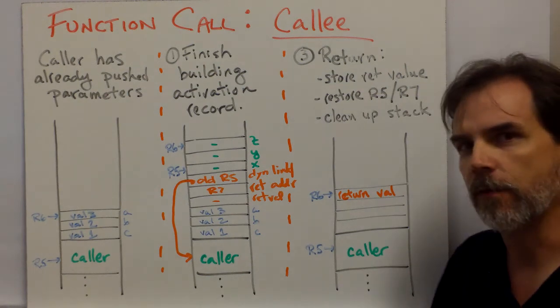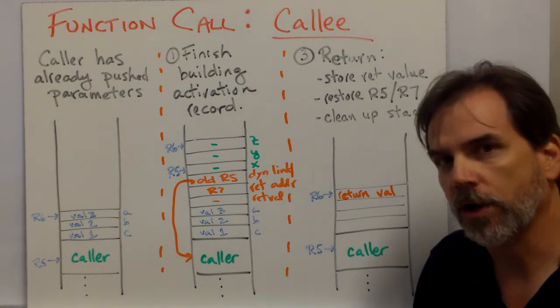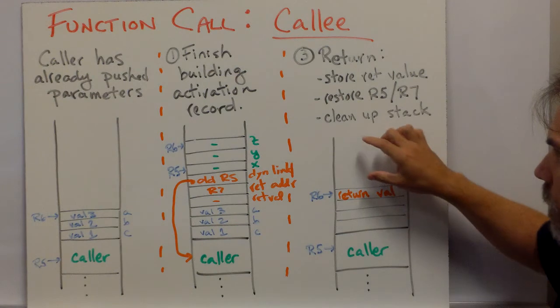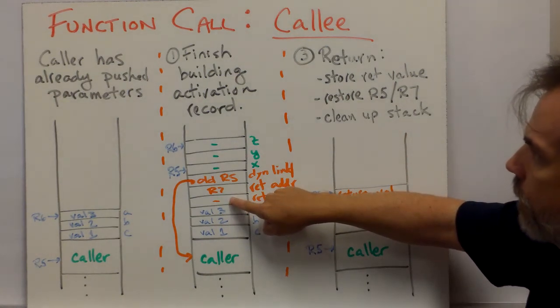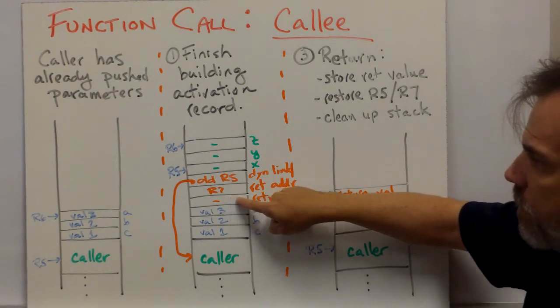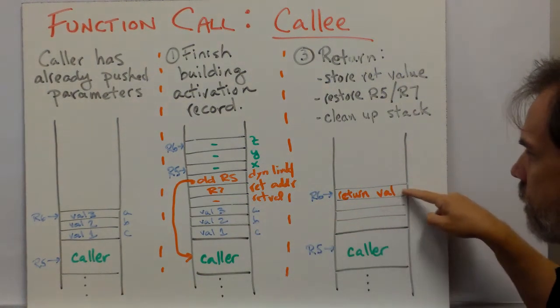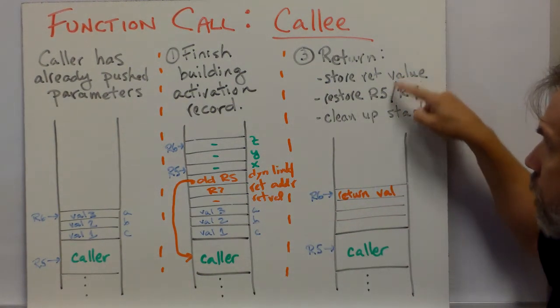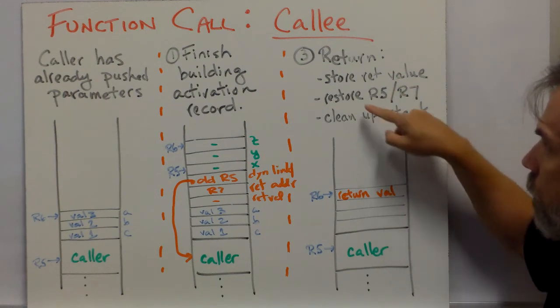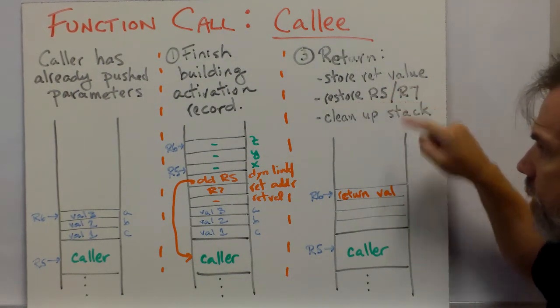At some point we're finished with our function, we're ready to return a value, and when we do that we store the return value into this space that we allocated for it, return value here, right? So here we store the return value, and we restore R5 and R7 to what they were.